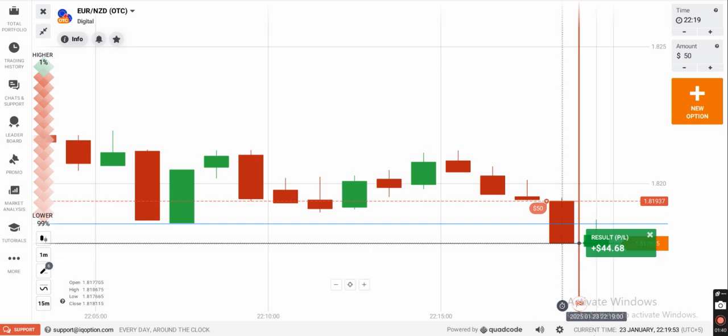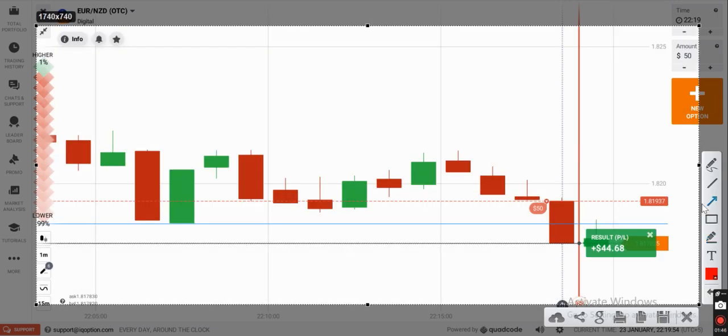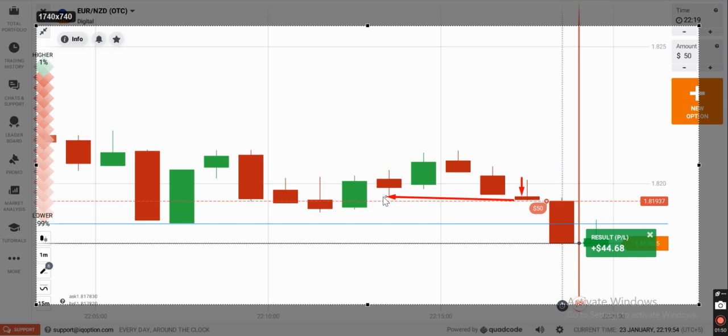So again, I want to show you all that this was the area when I saw this rejection. Although this is a weak candle, I saw here the left side, so there is no level.